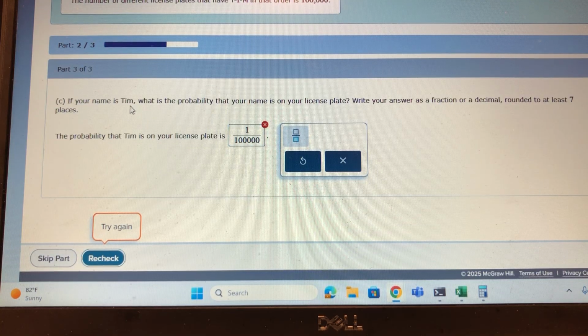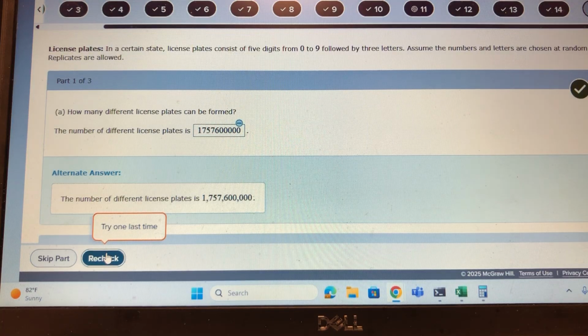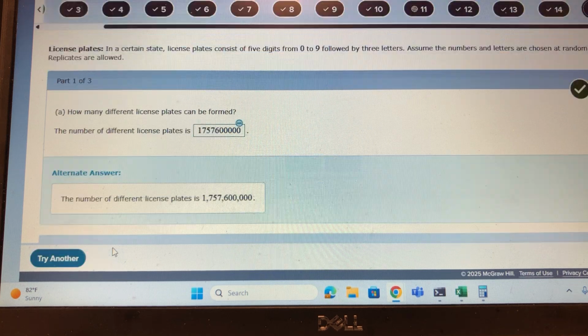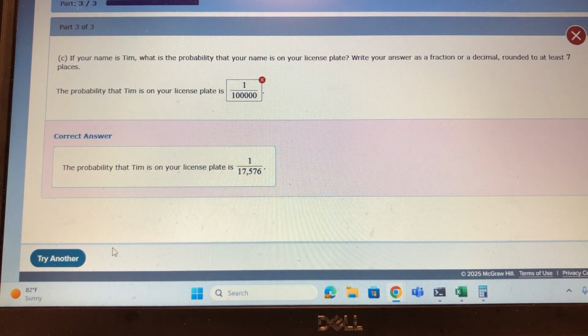Okay, if your name is Tim, I'm trying to think if there's another way your name could be on there. I don't think so. Fraction or decimal? 1, 2, 3, 4, 5 zeros. Huh. Where'd that come from? 17,576. If your name is Tim.